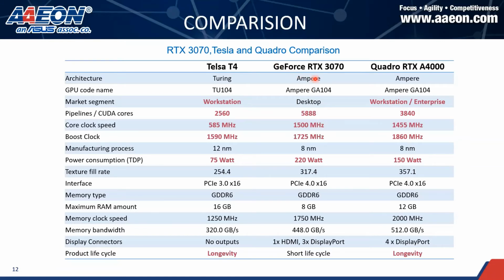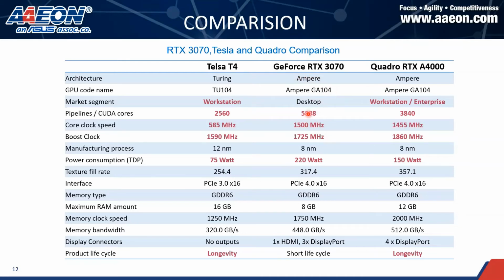To be honest, currently the lead time of the RTX 3070 is really bad. It's very difficult to purchase because people buy it for the mining business. But the T4 is actually easy to buy compared to the RTX 3070. So from the lead time perspective, Tesla T4 is better. Also for longevity, basically the 3070 goes EOL very fast because the market segment is desktop grade.